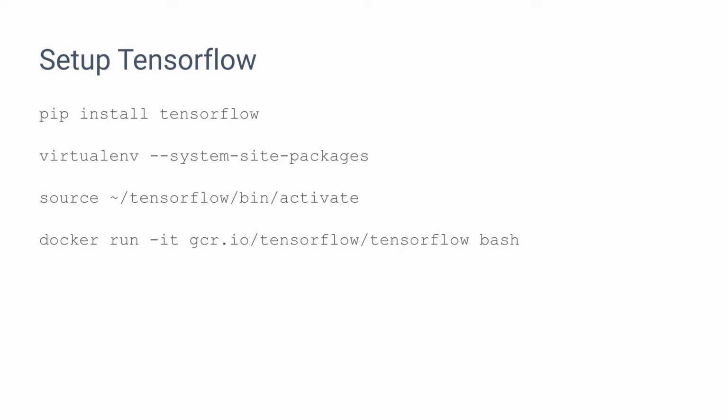And finally, we can use Docker to install an entire isolated Docker image with TensorFlow installed inside. I would say that if you are running many Python applications on your gateway, an isolated environment is the preferred way of going. But if you're only running TensorFlow, the simpler local install is probably what you would want to do. Now we're ready to run our model.